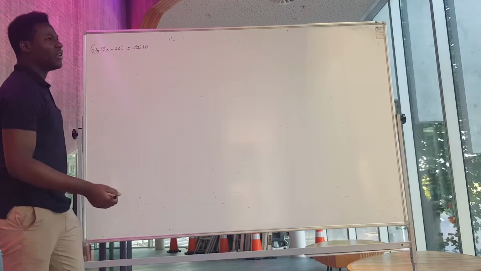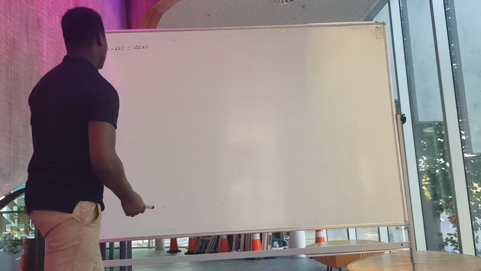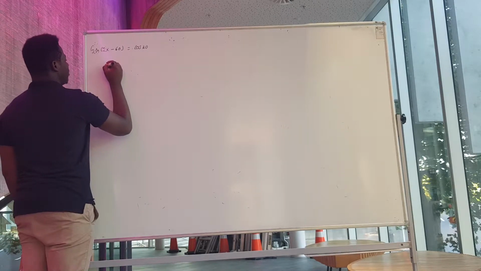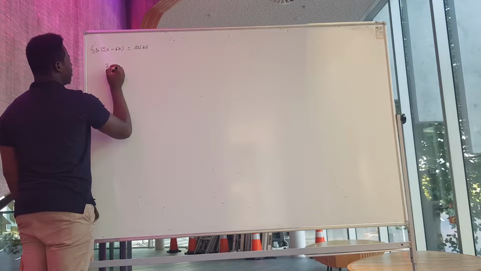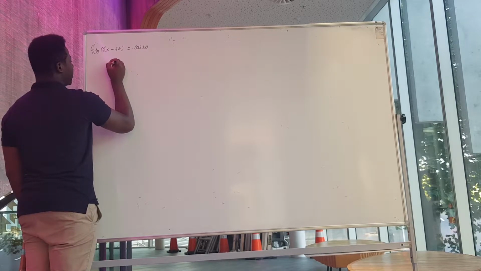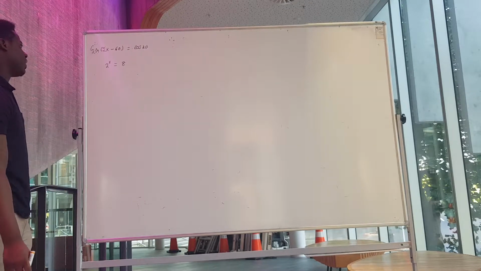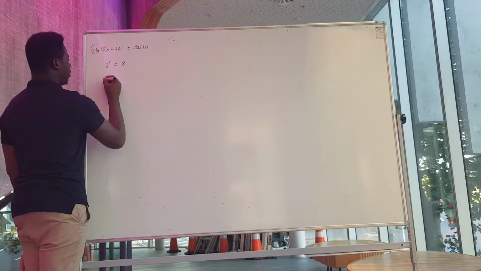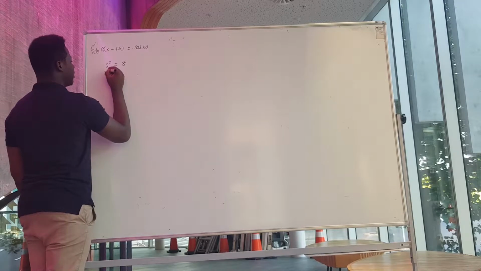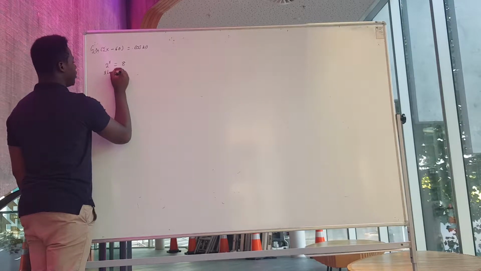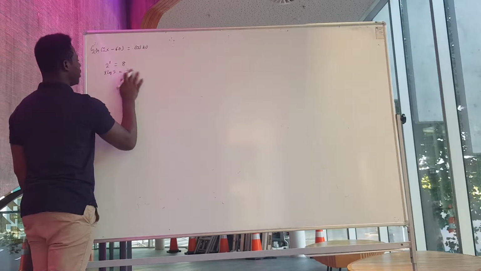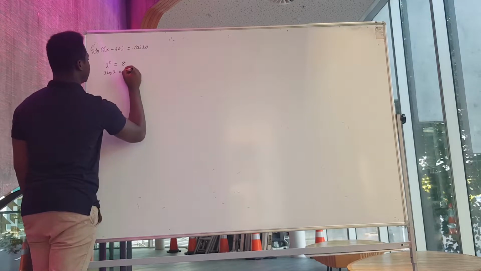Just like, let's say you have 2 to the x is equal to 8, and you want to solve for x. What you do is you introduce log 10 to both sides. So you have x log 2 is equal to log 8.